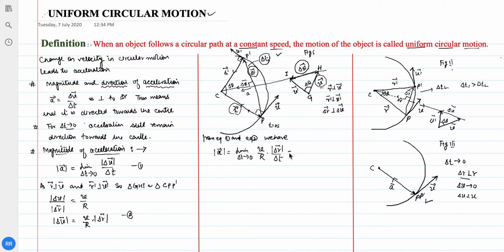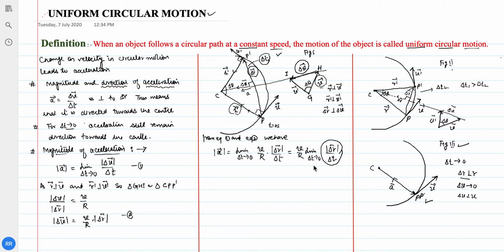Further, V upon R can be taken outside. Now the limit as delta t approaches 0 of the magnitude of delta R divided by delta t. So now you reach this point, which could be discussed with the help of figure number 3.